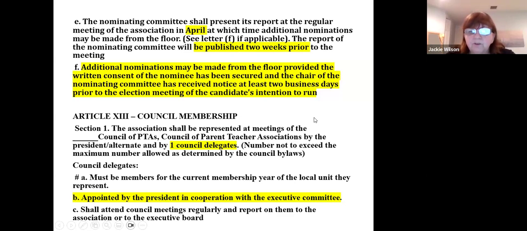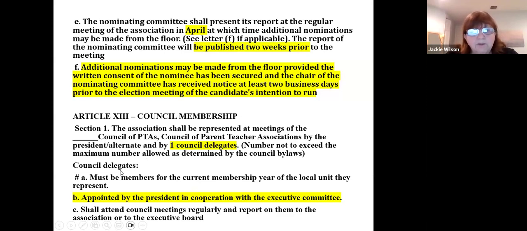For councils, there is also information here about how many council delegates the council allows for your unit. And the number is not to exceed the maximum number allowed as determined by the council bylaws. For example, if your council bylaws allow for 3 council delegates per unit, then that's what would be here in your own bylaws, okay?